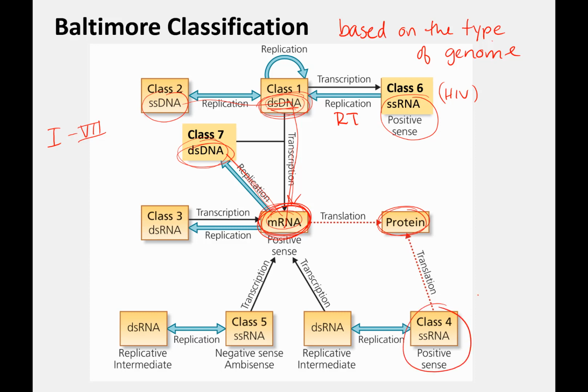Other single-stranded positive sense RNA viruses can be directly translated. There's double-stranded RNA viruses, up here, and there's negative sense RNA viruses that have to undergo a round of what we call transcription to make positive sense RNA. This will make more sense as everybody starts presenting.